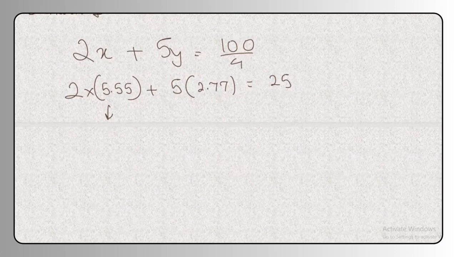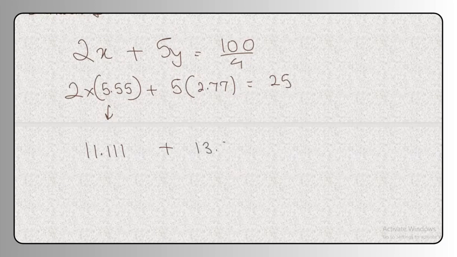So how much is this value? 2 multiplied by 5.555 becomes 11.111, plus 5 multiplied by 2.77 becomes 13.85. If you just add them up, it becomes almost equal to 25, right?